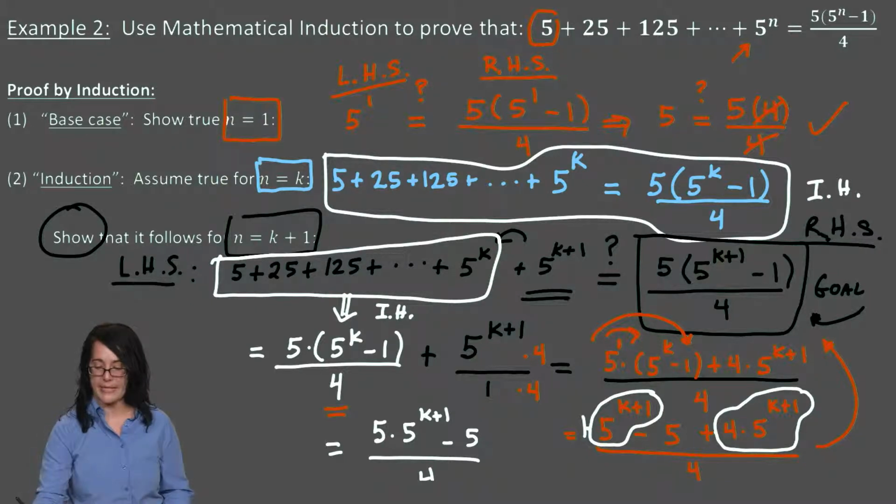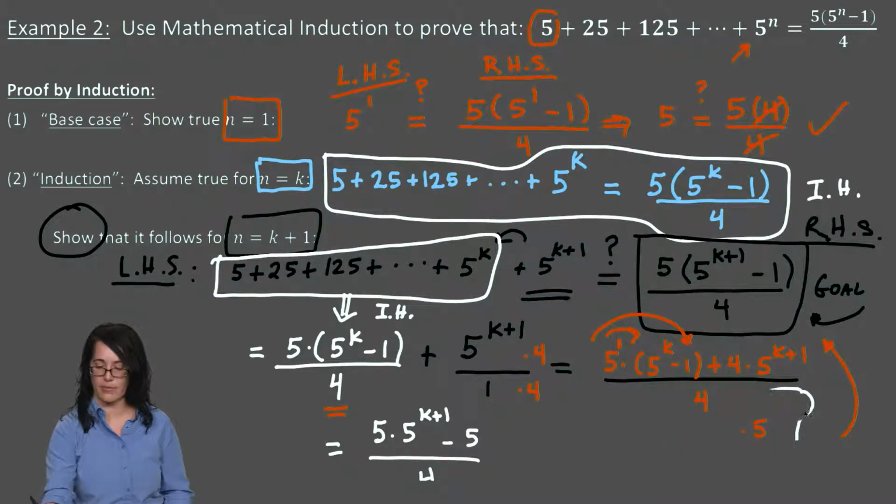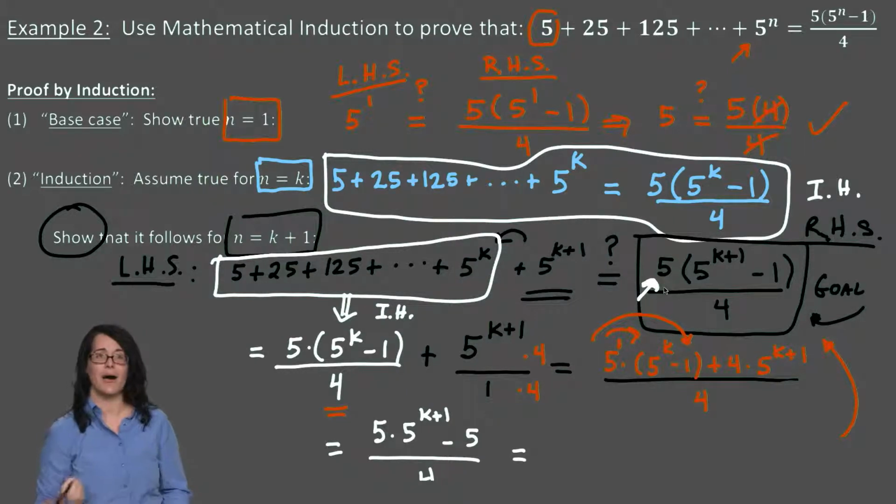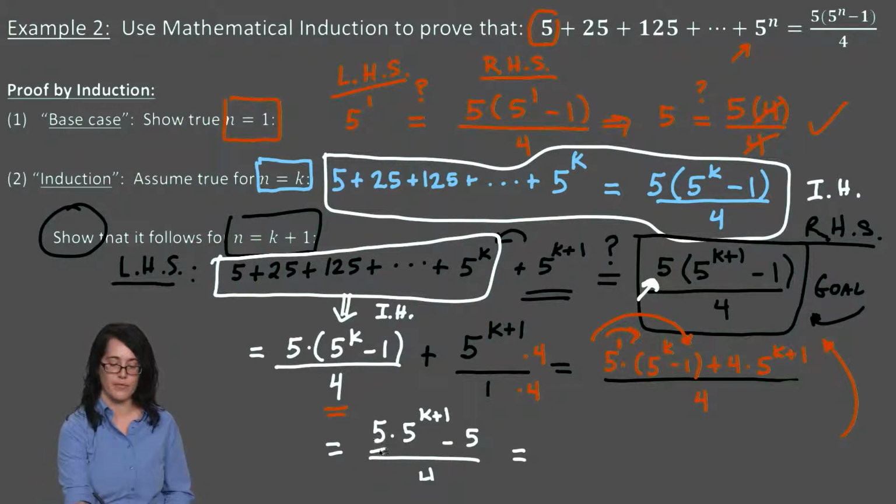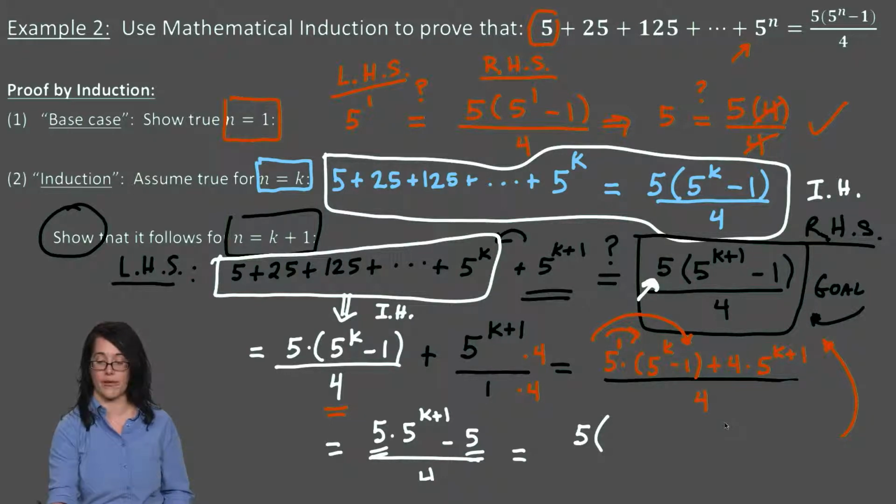What else? Well, the next thing will be, final step, how do I make the left side look like the right side? What do I need to do? Well, look at what's different. Up here, don't we have a 5 out in front? Now, is it possible for us to do that? Well, yeah, we have a 5 in common, don't we? So that 5 can be factored out. That's a GCF, greatest common factor.